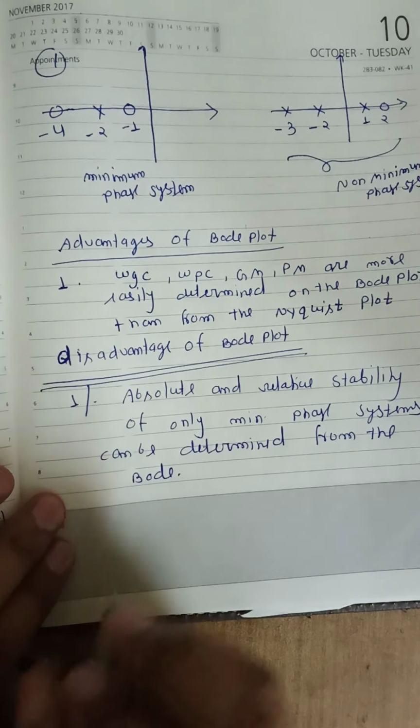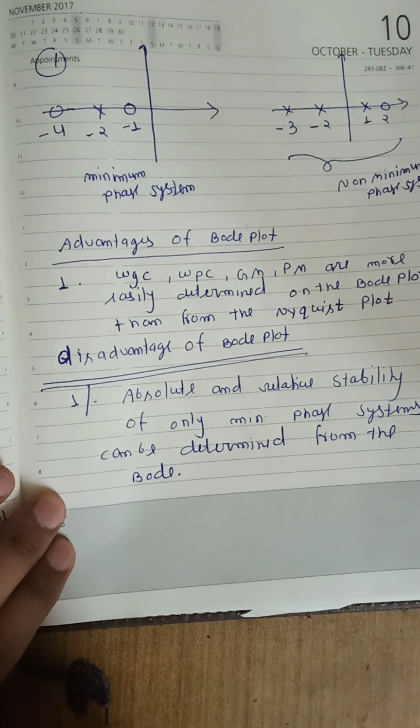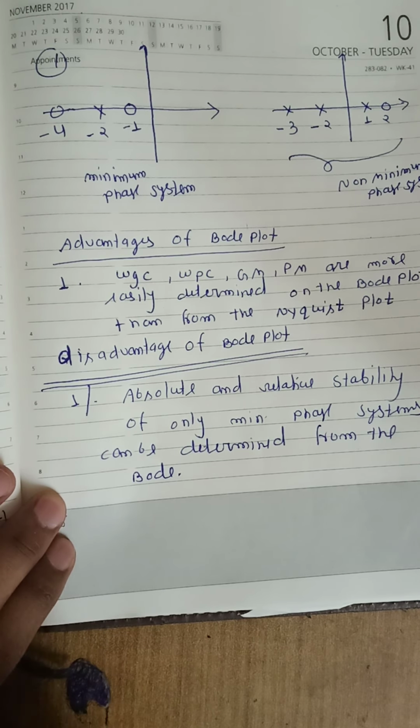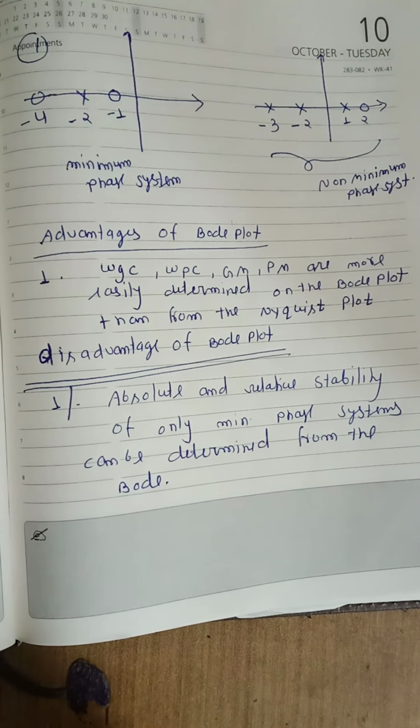We can draw the Bode plot only for a minimum phase system. After that we can determine the stability for that system using the Bode plot.